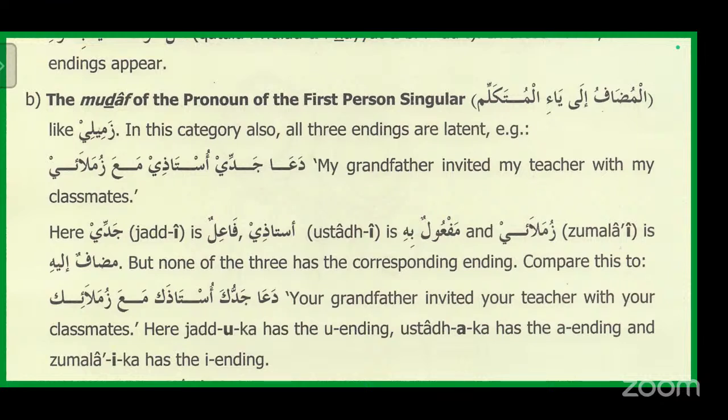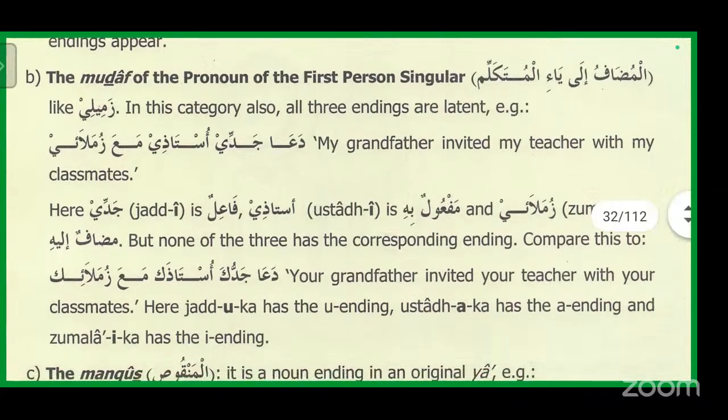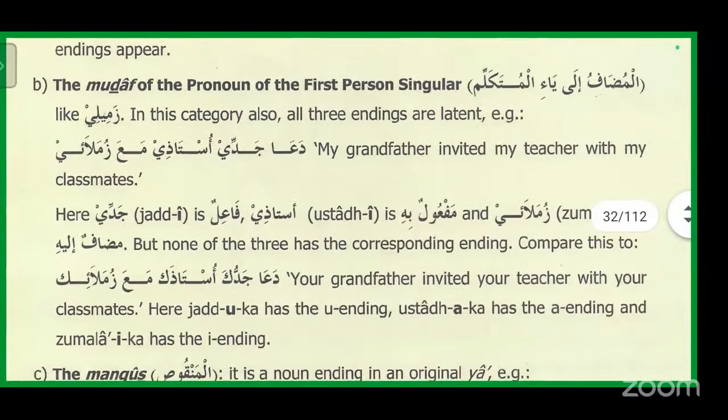Here jaddi is fa'ilun, ustadhi is maf'ulun bihi, and zumala'i is mudaf ilayhi, but none of the three has the corresponding ending. Compare this to: Da'a jadduka ustadhaka ma'a zumala'ika. Your grandfather invited your teacher with your classmates. Here jadduka has the u ending, ustadhaka has the a ending, and zumala'ika has the i ending.